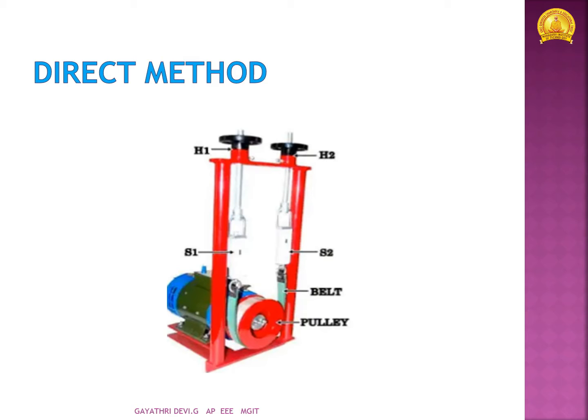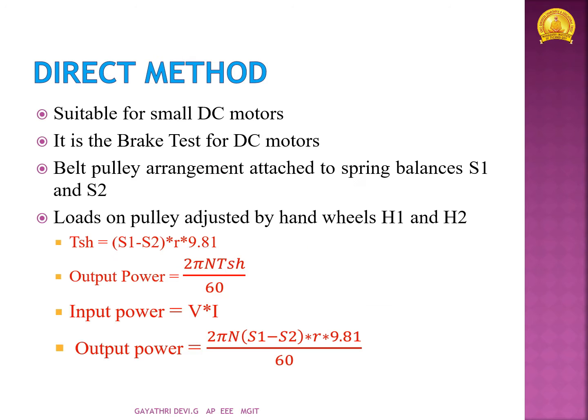In this method, a water-cooled pulley is mounted on the motor shaft. First, we will calculate the no-load reading, and after that, a set of values are given to the motor through the spring masses. Thus, efficiency can be found out directly by applying some sets of equations as follows.